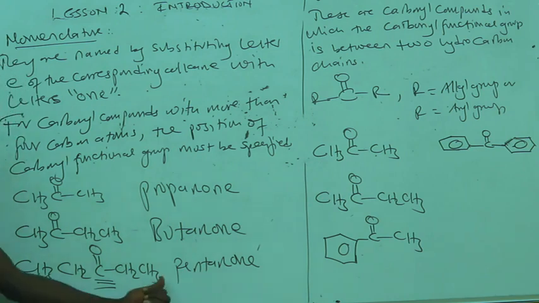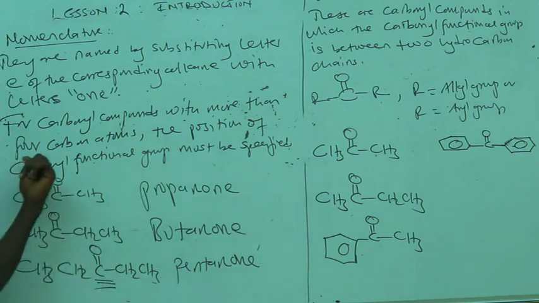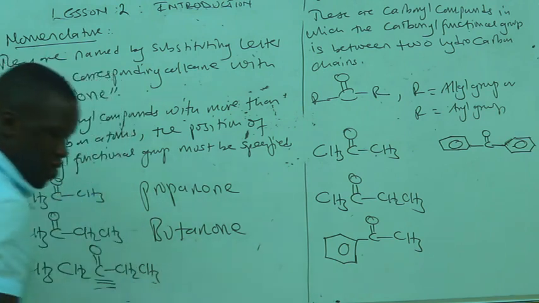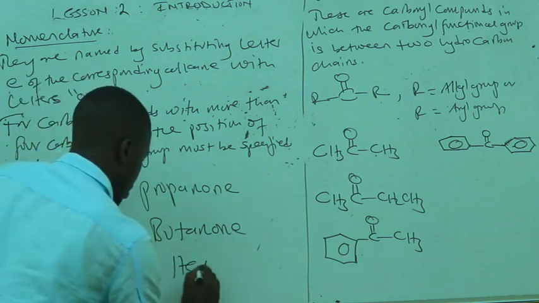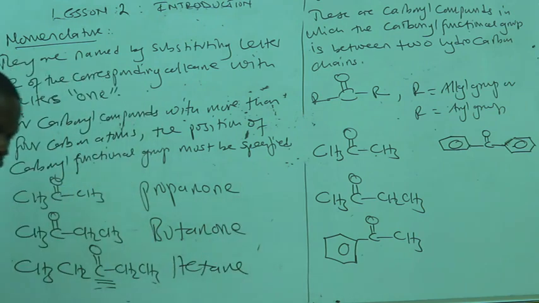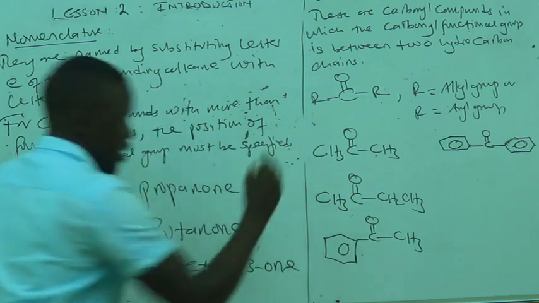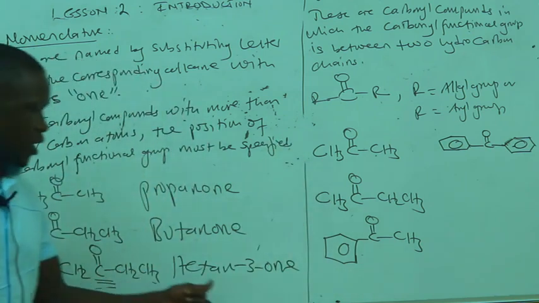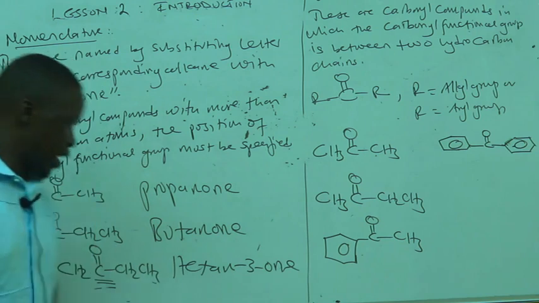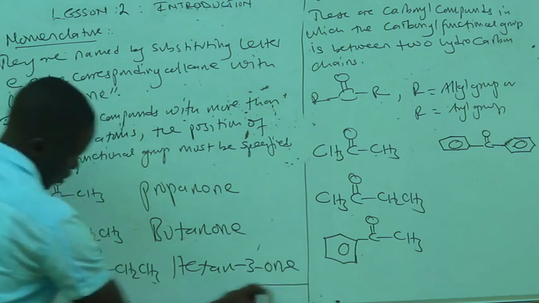Within the carbon chain, because the carbon atoms are more than 4, this is supposed to be given the lowest number possible. Actually, these ones are 6. So we are removing letter E and locate that on position 3 there is an ONE. So this is hexan-3-one, and that's the name of this ketone.